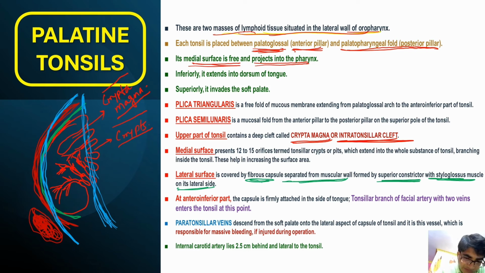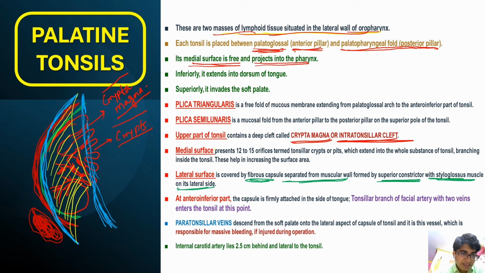Firstly, there is one mucosal membrane coming out of the anterior pillar to the anteroinferior pole of the tonsil, and this mucous membrane preventing the tonsil from moving outward and downward is nothing but the plica triangularis, as is evident from the picture drawn over here.